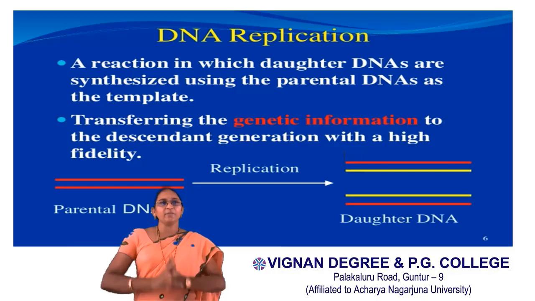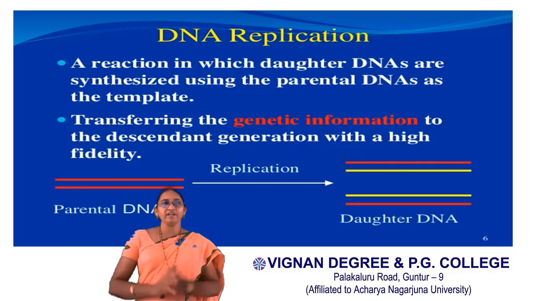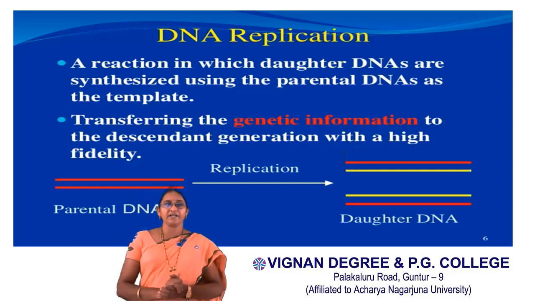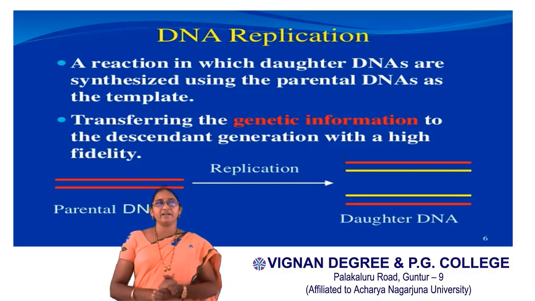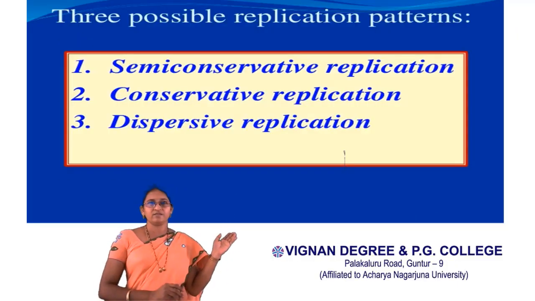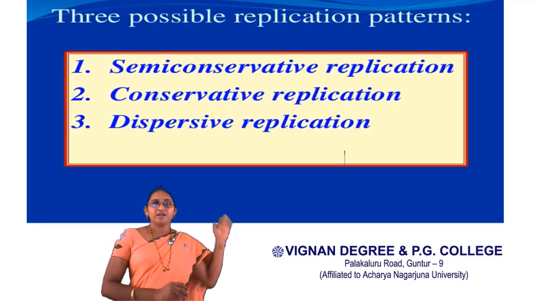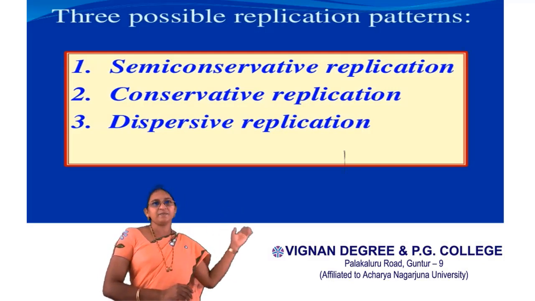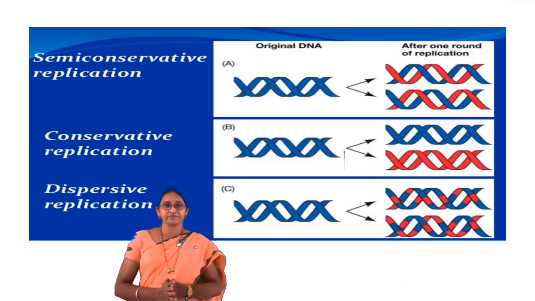Many scientific communities have given different models to understand DNA replication. Three types of replication models have been given: semi-conservative replication, conservative replication, and dispersive replication.